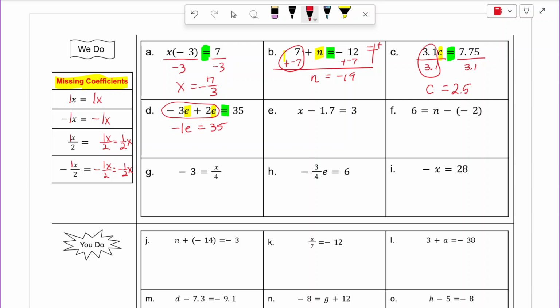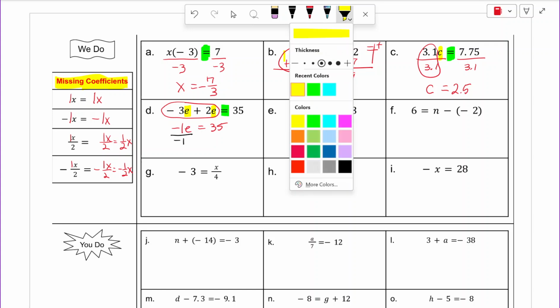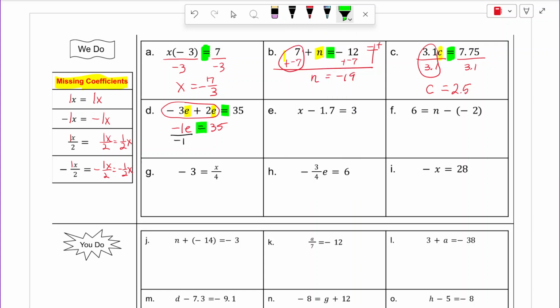Now we have this negative 1 coefficient out here, and we need to get rid of it. The only way to do that, since this is multiplication, is to divide by negative 1. And remember, whatever we do to one side, we do to the other. The reason we're dividing by a negative is because the number is negative, and a negative divided by a negative leaves the E as a positive. And 35 positive divided by a negative is negative 35.